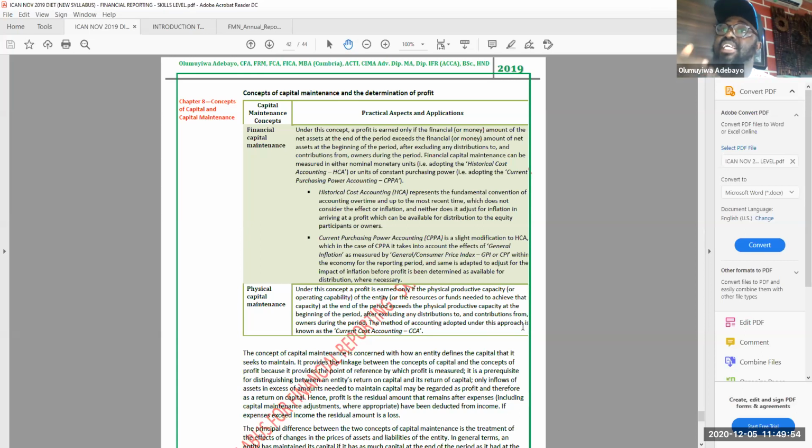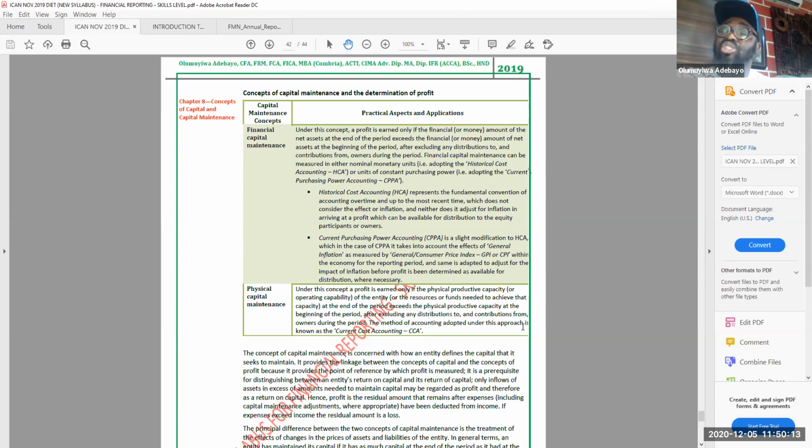And therefore, if inflation exists and is not taken into consideration, it is a limitation to the nominal financial concept of capital maintenance, because it doesn't adjust for inflation, and therefore, over time, your capital will be eroded by loss of purchasing power.